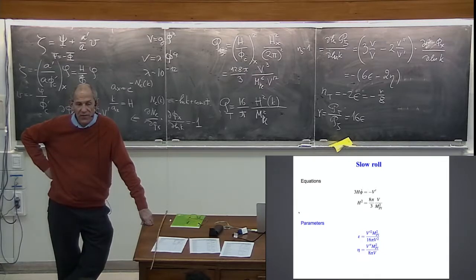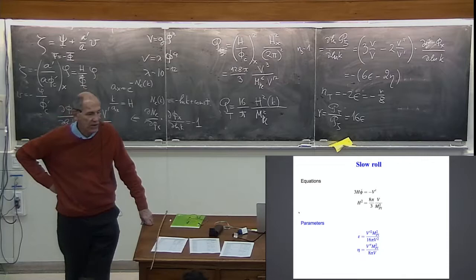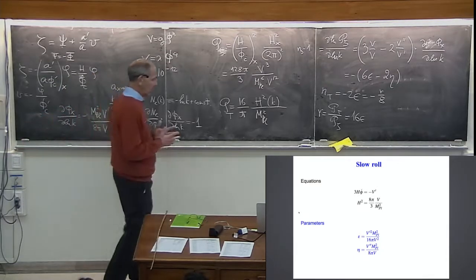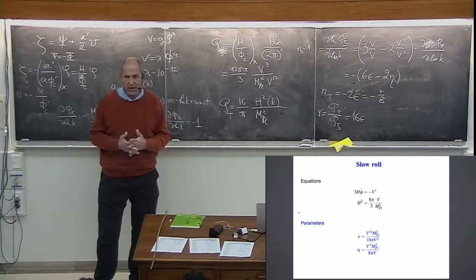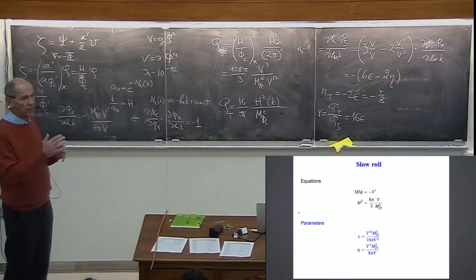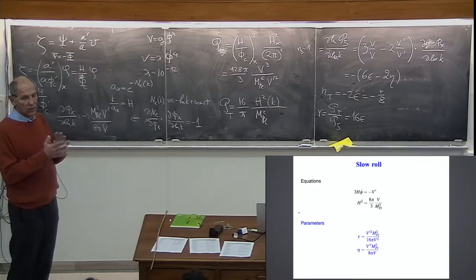I'm not sure if there is a global statement that you can make a Weyl transformation to f of R theory so that for any value of the field phi you have one-to-one correspondence. That I'm not quite sure about. But locally it is true, yeah.